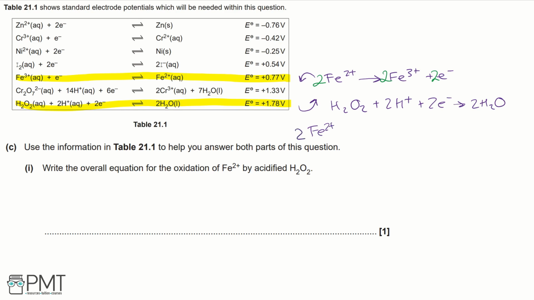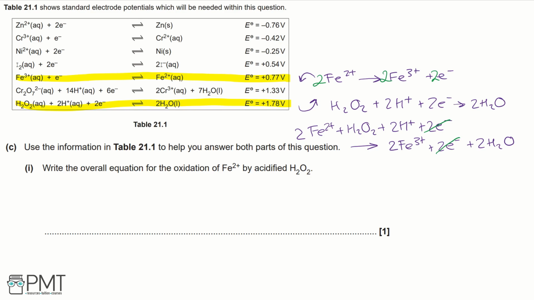2 Fe2+ plus H2O2 plus 2H+ plus 2 electrons goes to 2 Fe3+ plus 2 electrons plus 2 H2O. Next we can cancel out. We will cancel out first our electrons, and that's all we can cancel out in this equation.